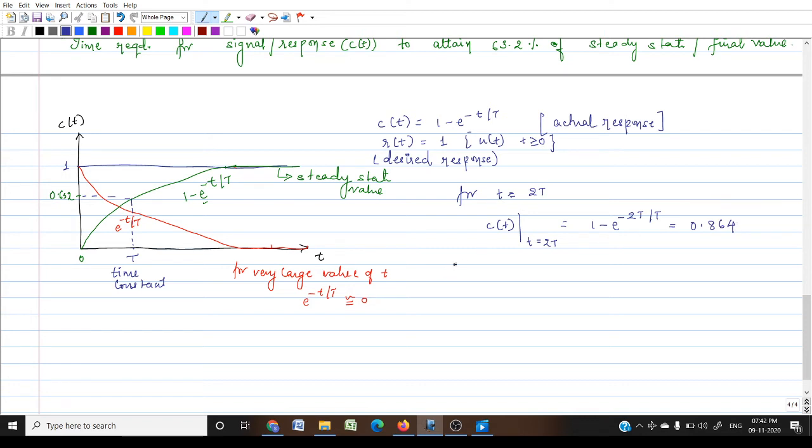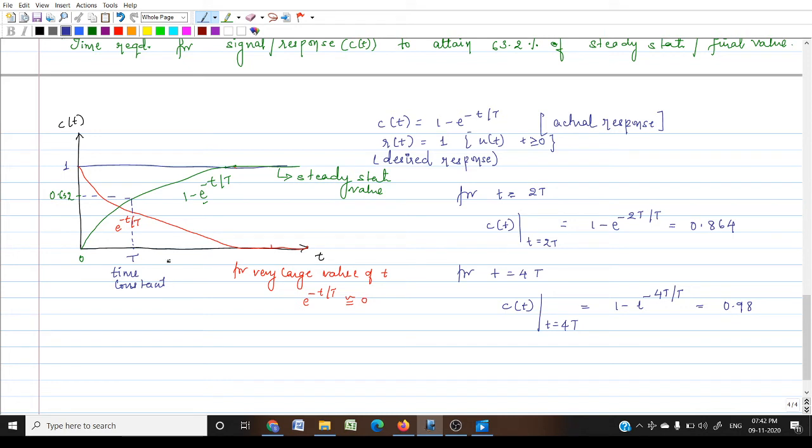Similarly, for t equal to 4 times the time constant, c of t is equal to 1 minus e to the power minus 4t by tau, which we get around 0.98.